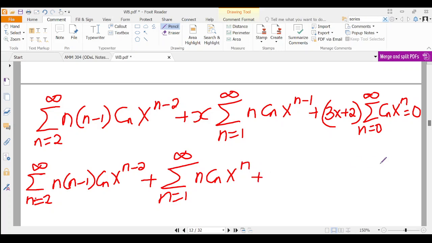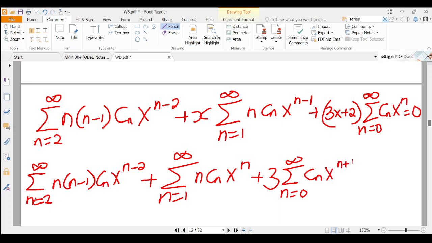In the next term, we can open the brackets here. So we have two terms. The first term we have 3x multiplying x raised to power n. So x multiplying x raised to power n will give us x raised to power n plus 1. So that we shall have 3 times the sum from n equals 0 to infinity, Cn x raised to power n plus 1.